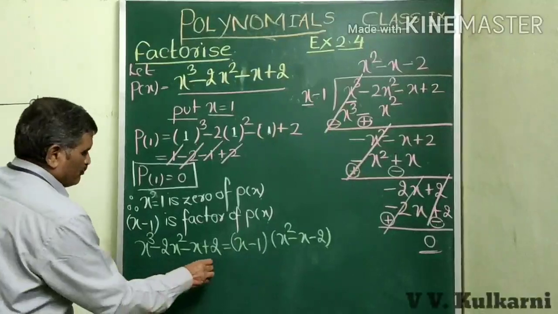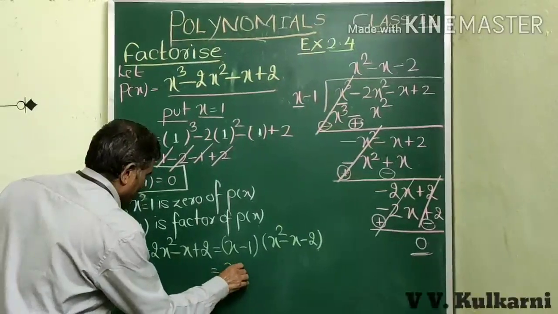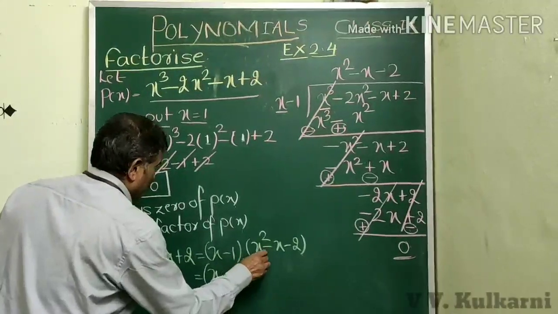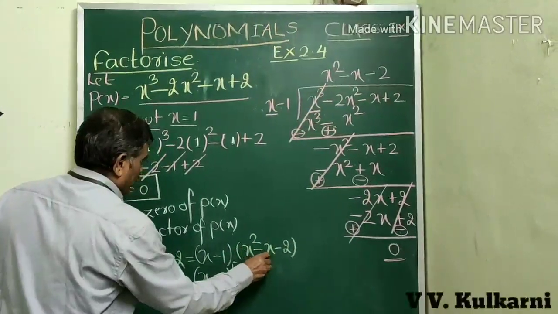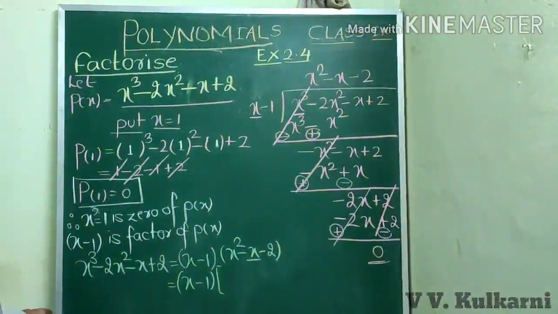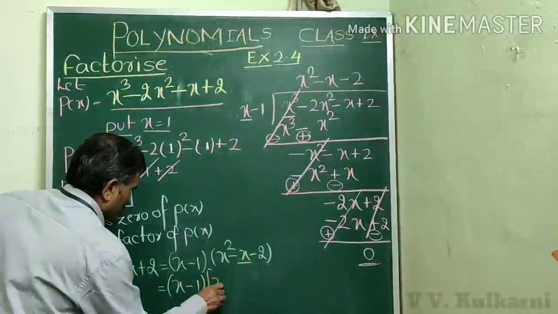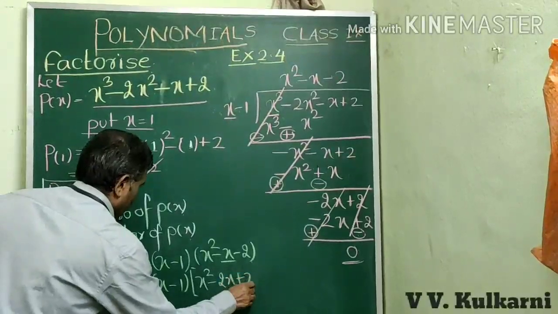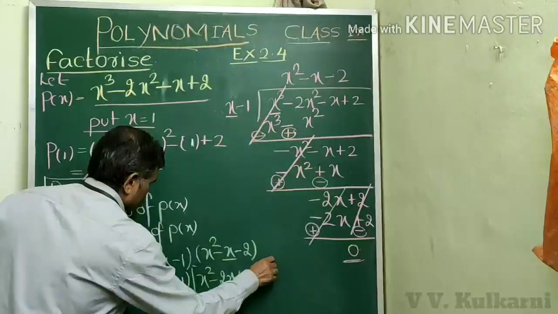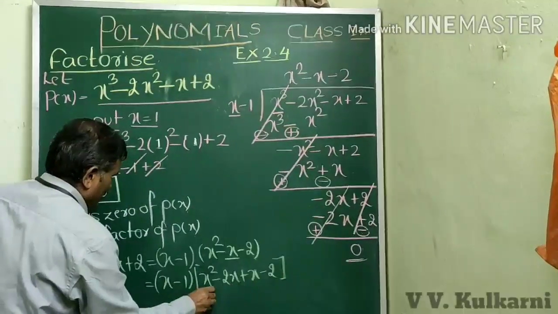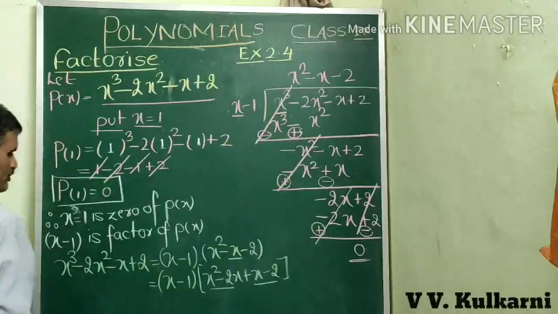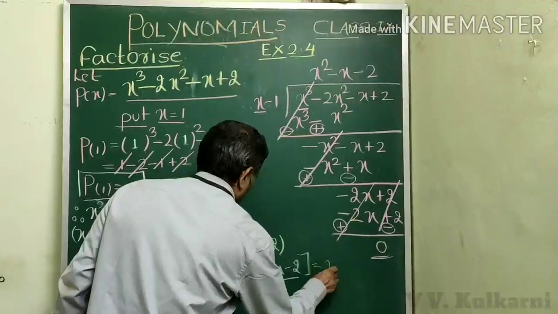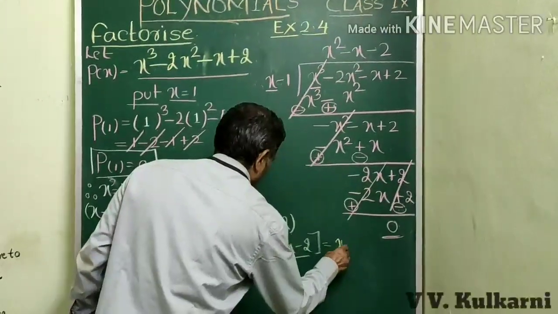Now again if I simplify, this will be equal to x minus 1 into this. On multiplying I should get minus 2, on adding or subtracting I should get 1. So the factors are x squared minus 2x plus 1x minus 2. Again if I take common factor, let us see what we get. This will be x minus 1.